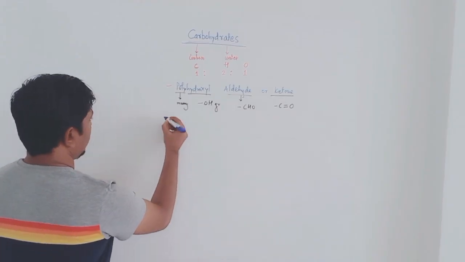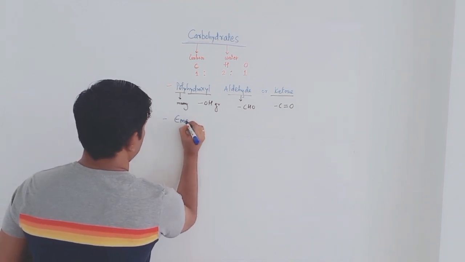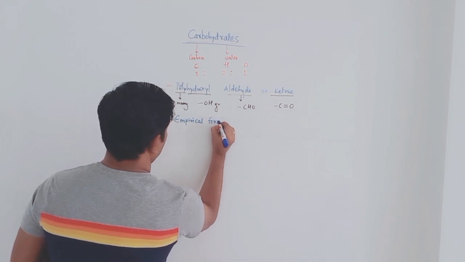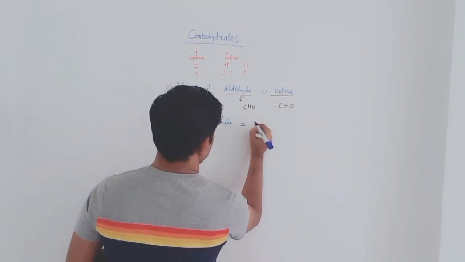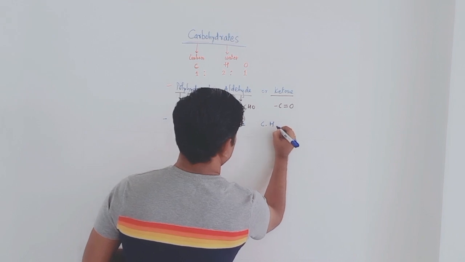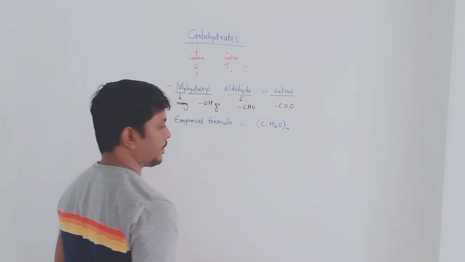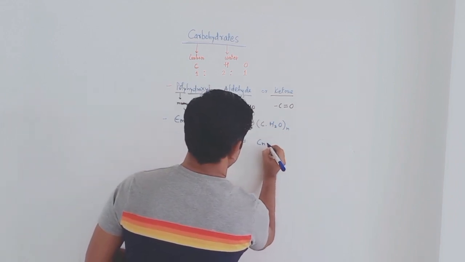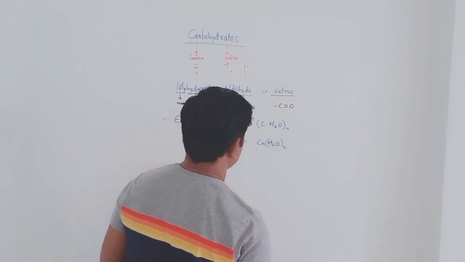Now the empirical formula for the carbohydrate is CH2O by n, or you can write this as CnH2nOn.